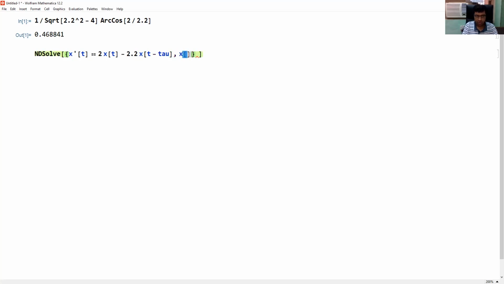Then we provide initial data, x of t for t less than or equal to 0 equal to some value, say 0.1. We are solving for x in the range, say, t from 0 to 10. We call this s.